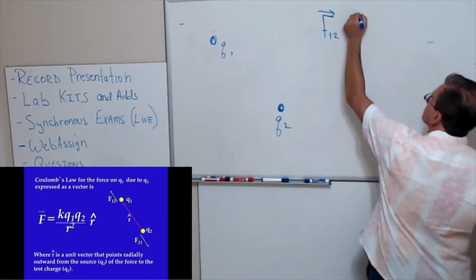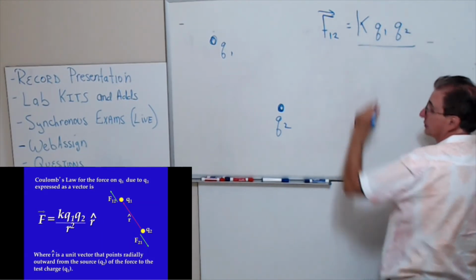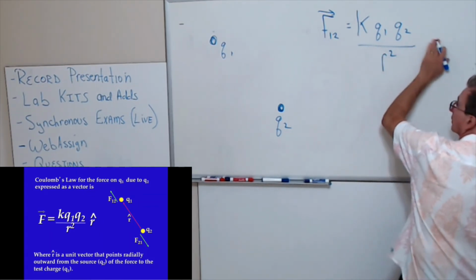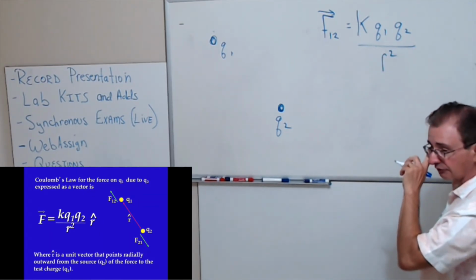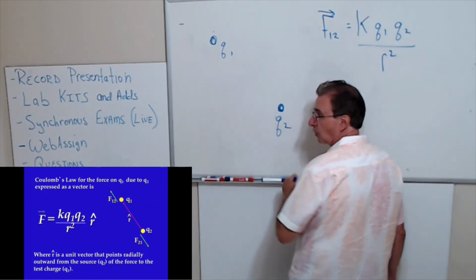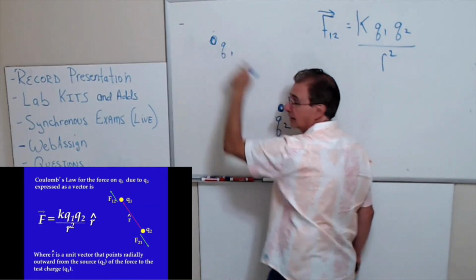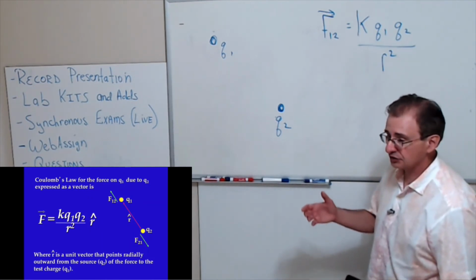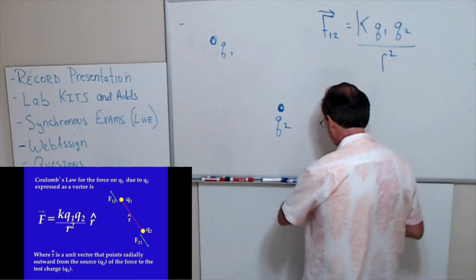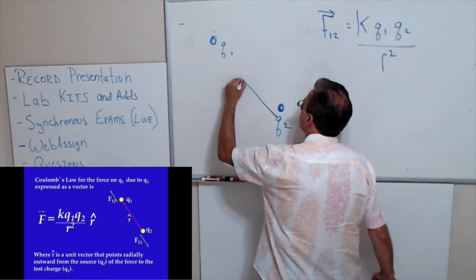We're going to write it like this, with no absolute values. I want the actual force vector. Then I'm going to define the vector that goes from the source. If I'm looking at the force on that charge, the source producing the force is this one. So I'm going to draw a unit vector that points this way.